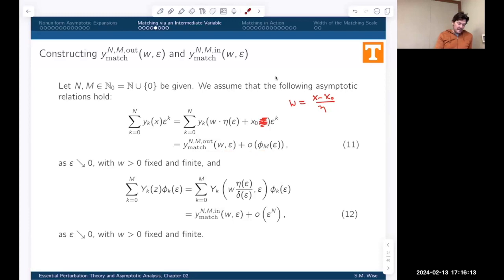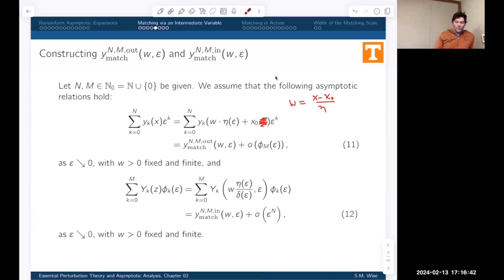And so that's where the m comes from in this. You start with a partial sum up to order n, and you do this expansion of this term, okay? Each one of these terms, you're going to have n of them. You're going to have to do possibly a bunch of expansions, okay? And then we're only going to keep terms which are order little o phi m of epsilon.